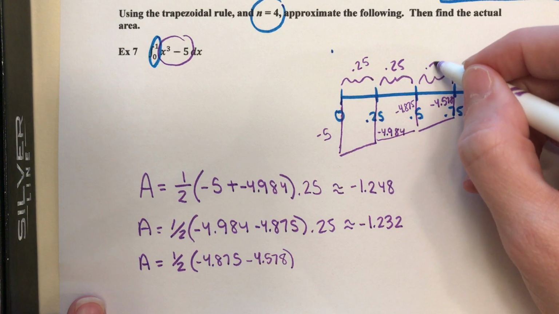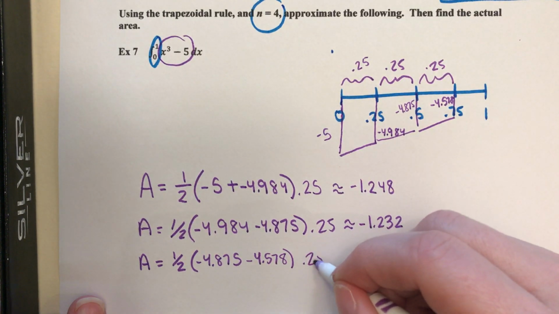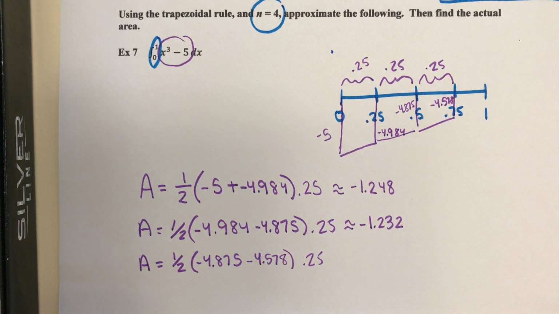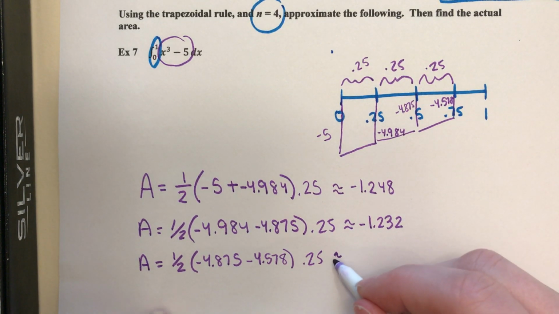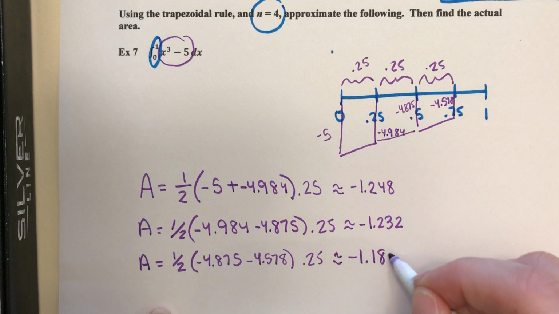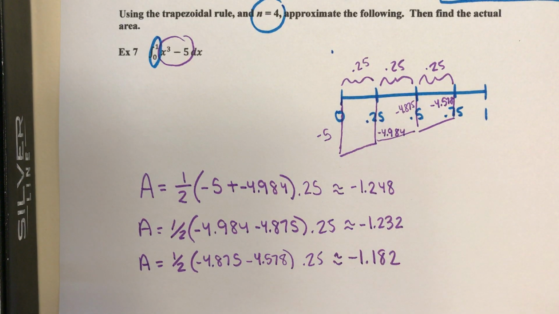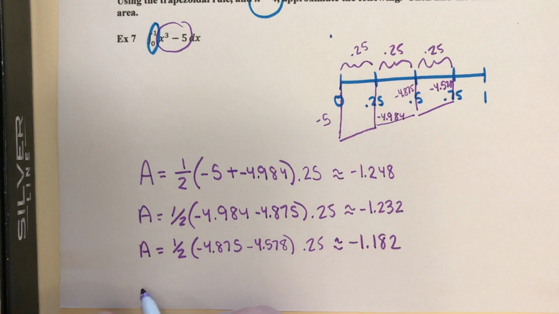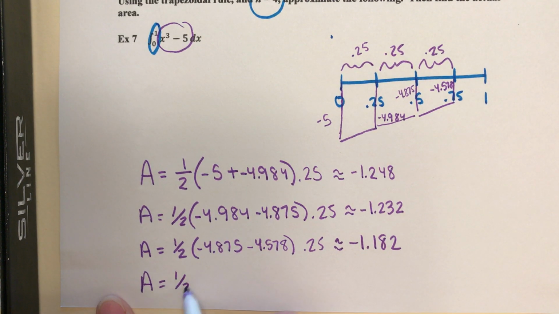And the distance between is 0.25 again. So I'm going to calculate that again on my calculator. That gives me -1.182.